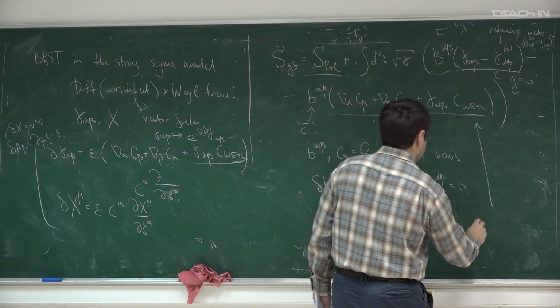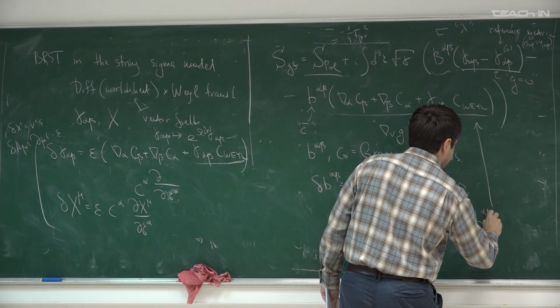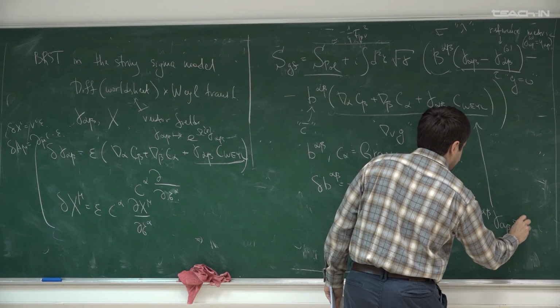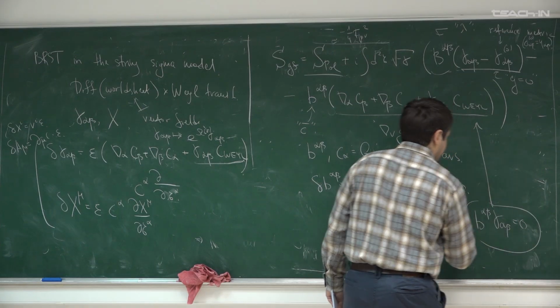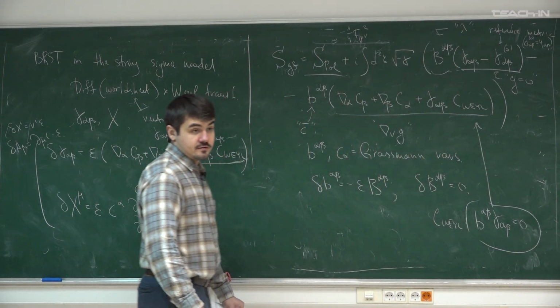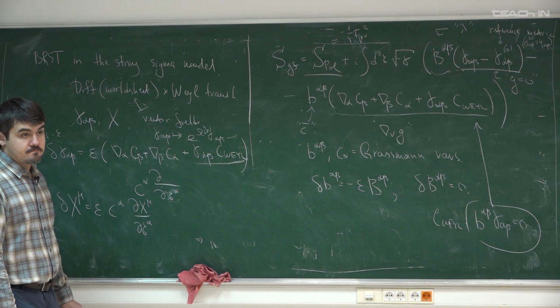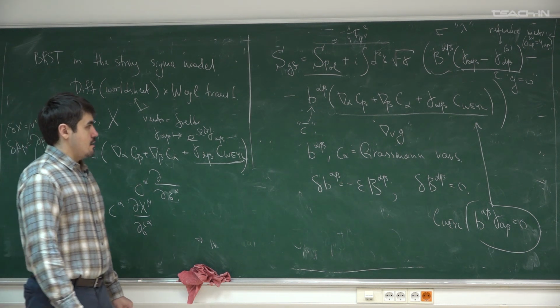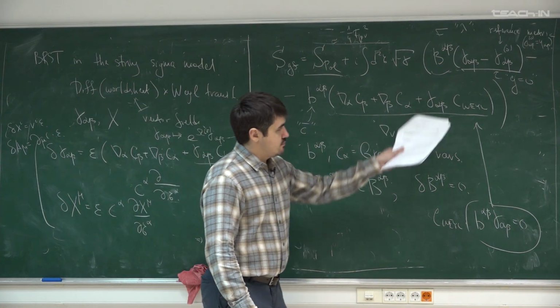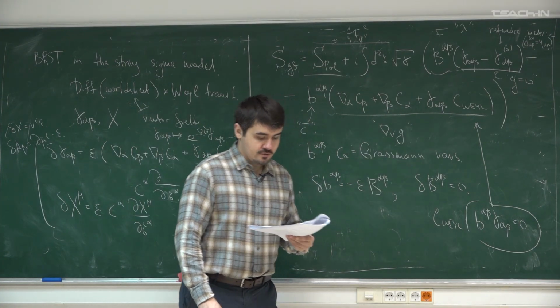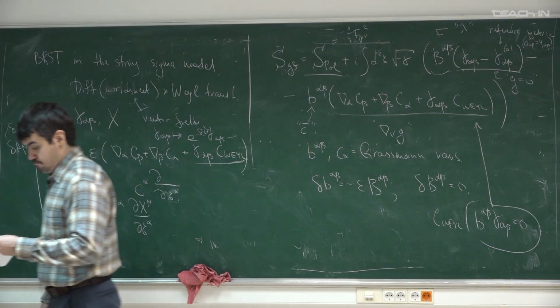So it just tells you that B is traceless. B is not only symmetric but also traceless, and that's the only role the anti-ghost plays, just to tell you that this is traceless.